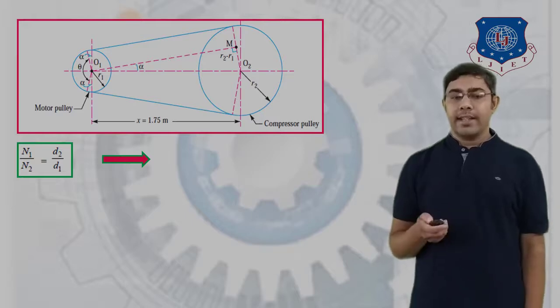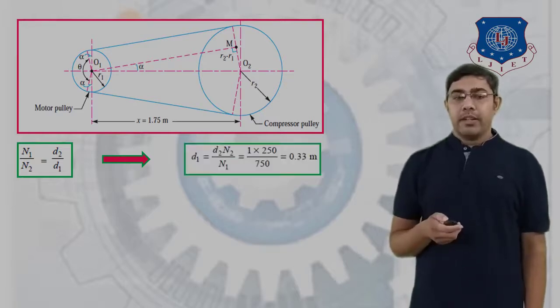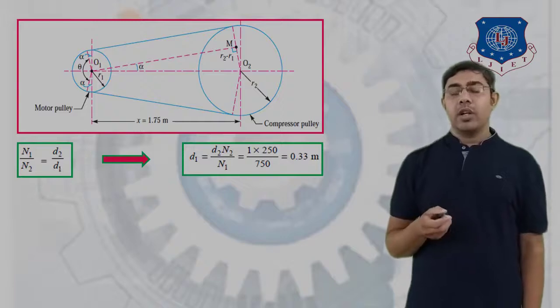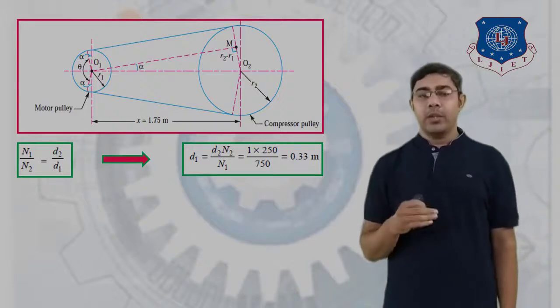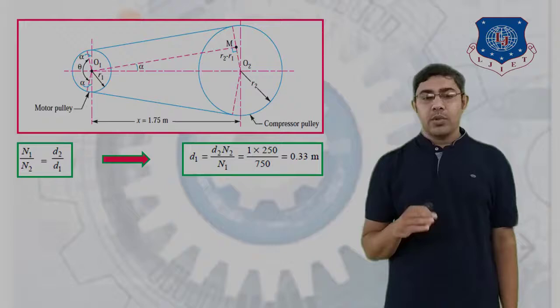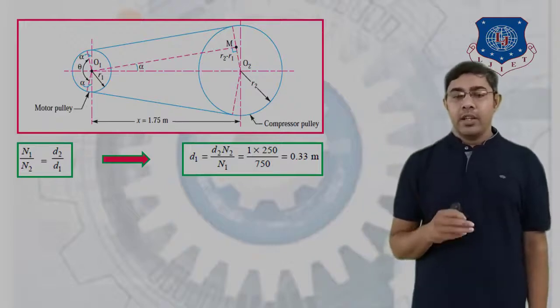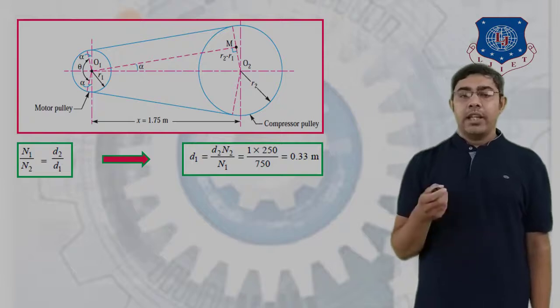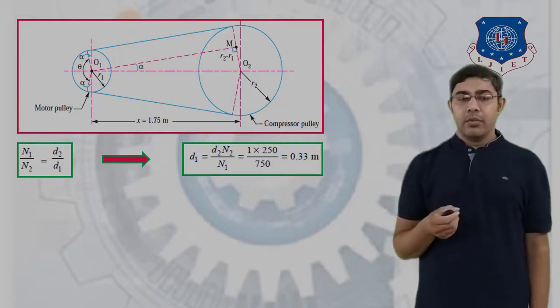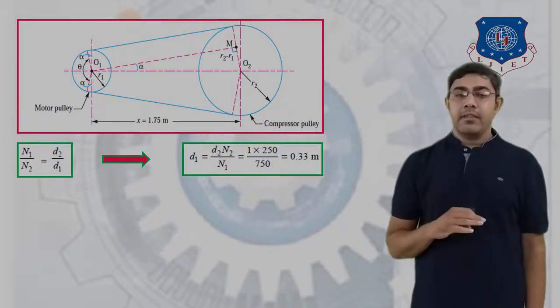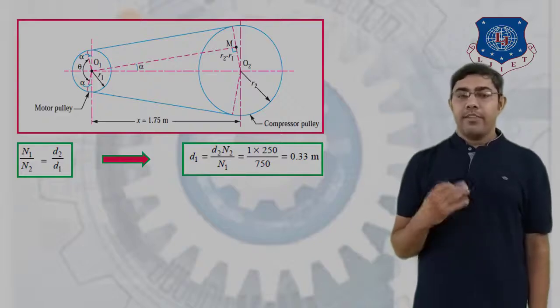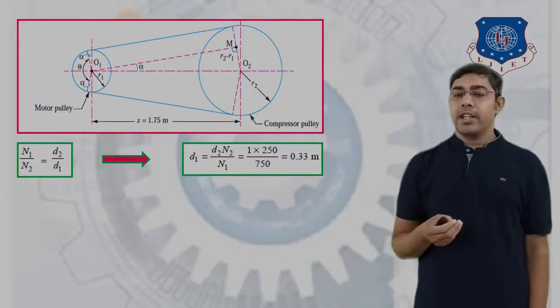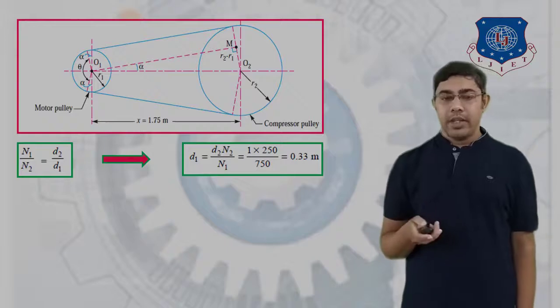We know the velocity ratio, and according to that D1 is equal to D2 into N2 divided by N1. Here D2 is 1 meter, N2 is 250 and N1 is 750. If we place all these values, we get D1 is equal to 0.33 meter.